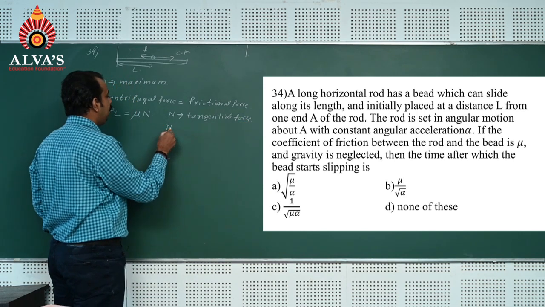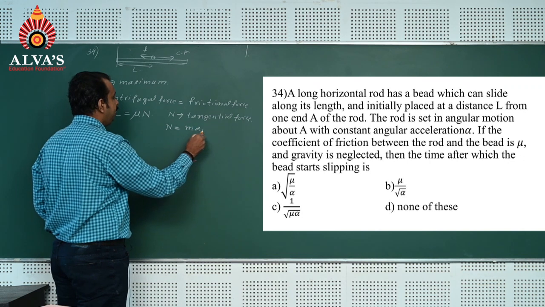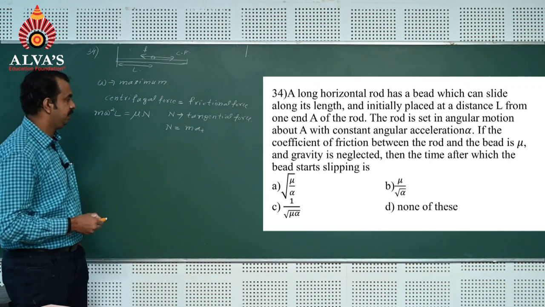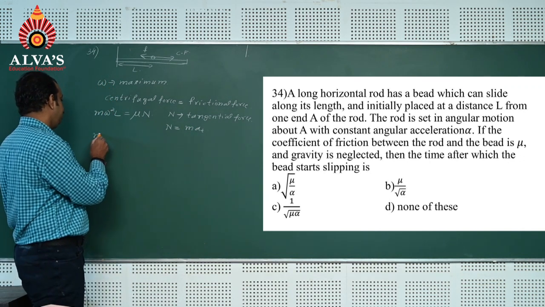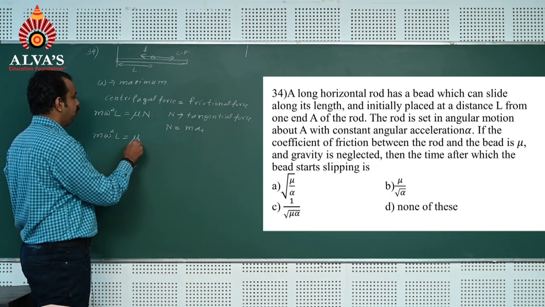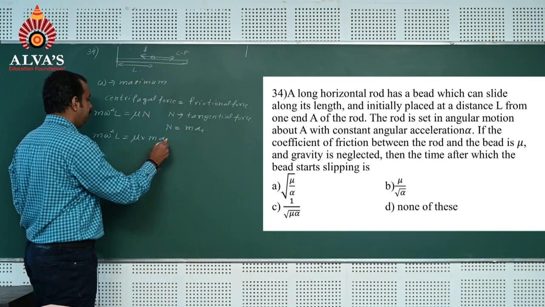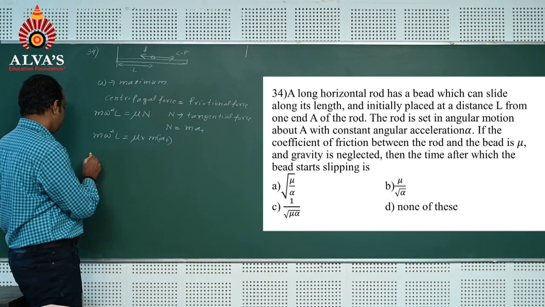So the N value is equal to m into at, where at is the tangential acceleration. So I write m omega square L is equal to mu into the normal reaction force, which is m into at.